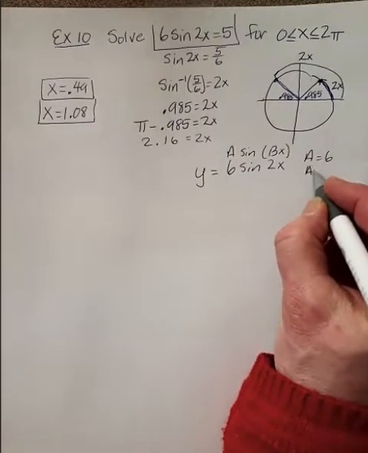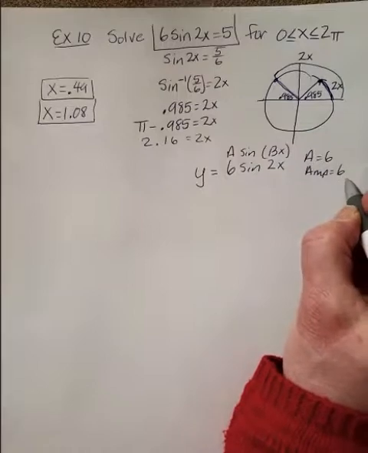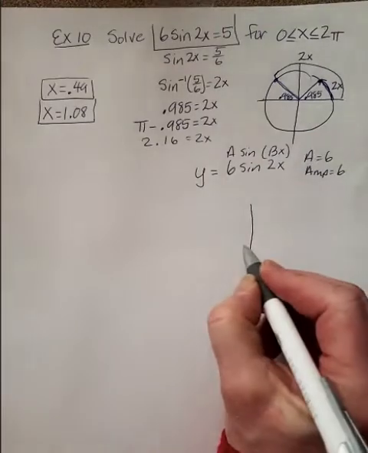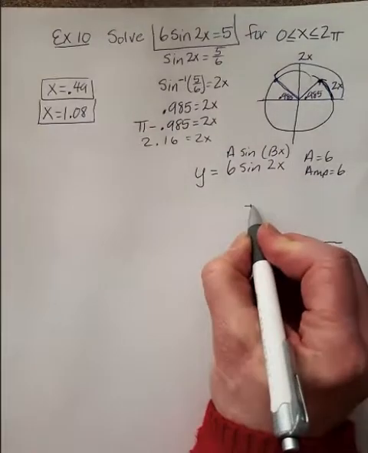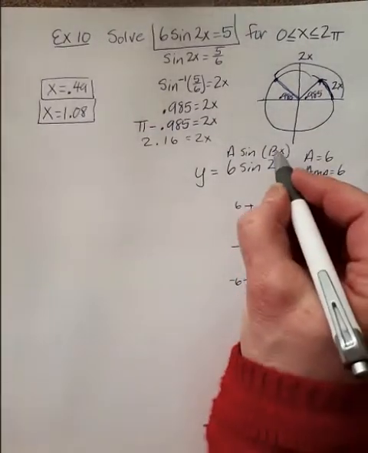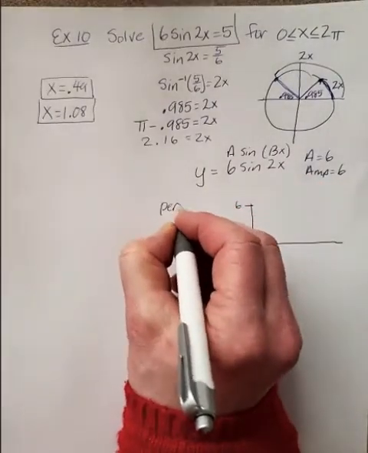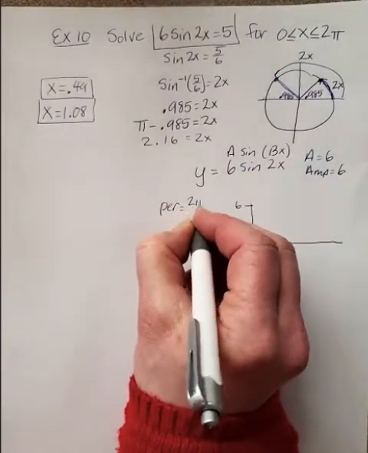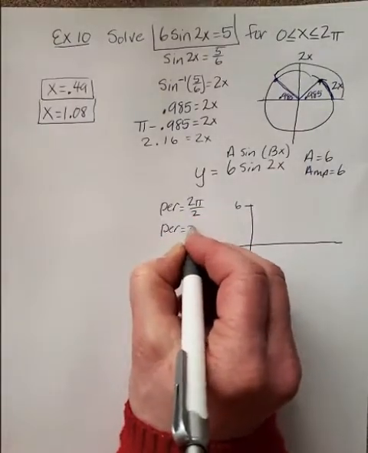That means that the amplitude is equal to the absolute value of 6, which is 6. So on the y-axis, this graph is going to go from negative 6 to positive 6. Since b is equal to 2, the period of this function is 2 pi over 2. So the period of this function is pi.